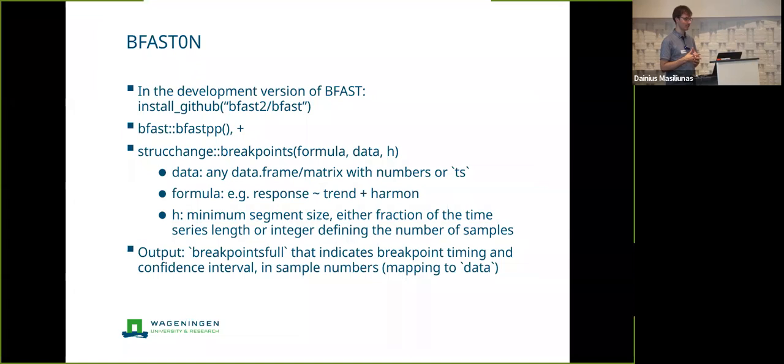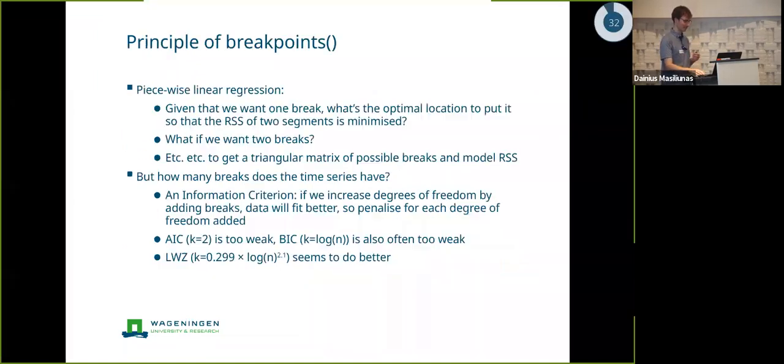And then we also have, in addition, for BFAST Monitor specifically, yes, here. Since it's doing piecewise linear regression, and then it determines where the segment borders should be optimally, it uses the information criterion. So as I mentioned, the default is BIC.